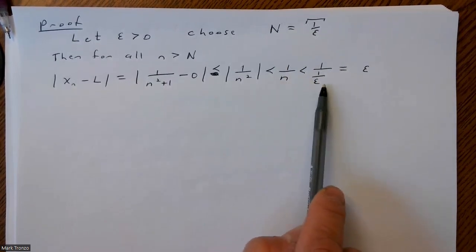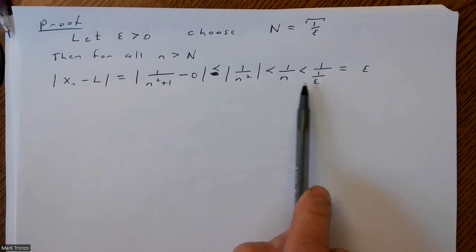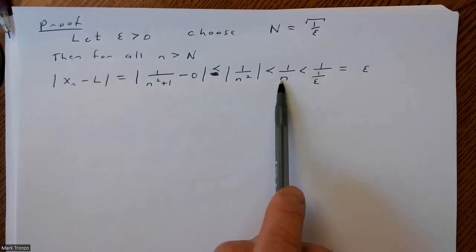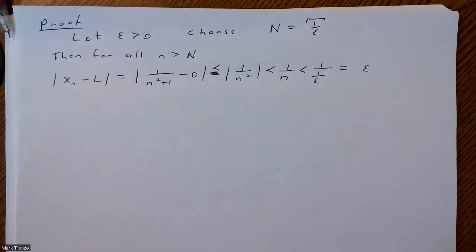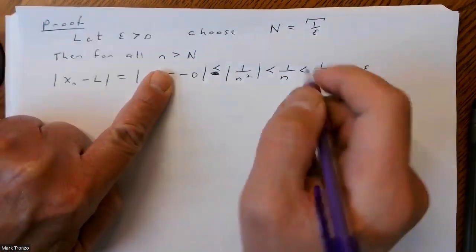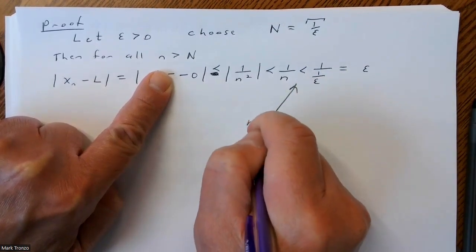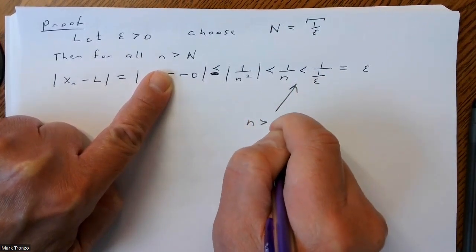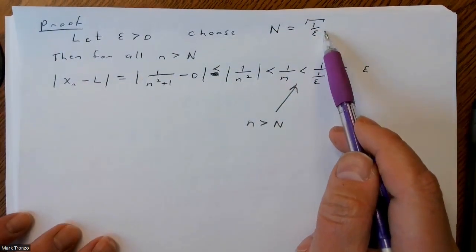So this step right here, you're going from here to here. Is that true? Yeah, right. So then right here, I'm going back to this, and that says, let me put this right here. At this step, we're saying that N is greater than capital N, but capital N is equal to this.